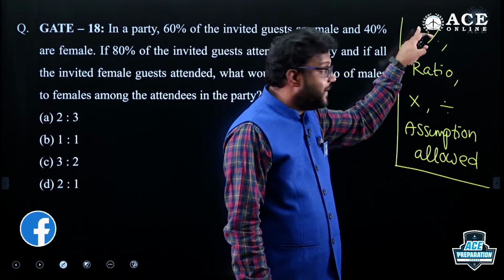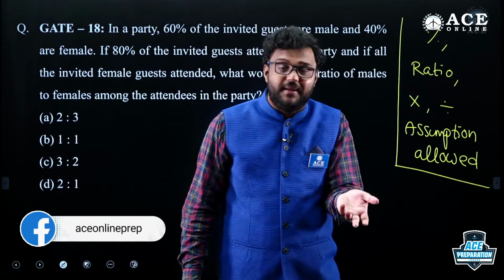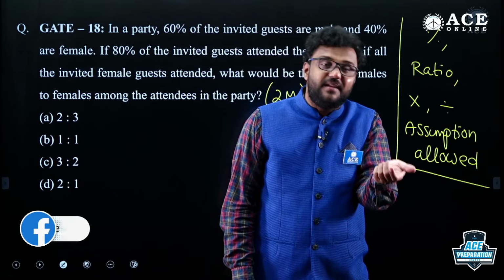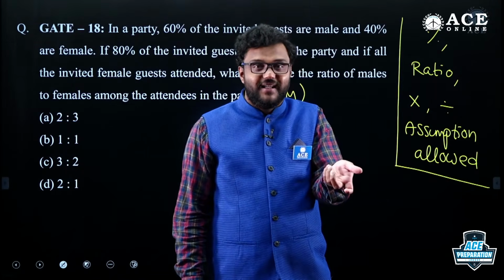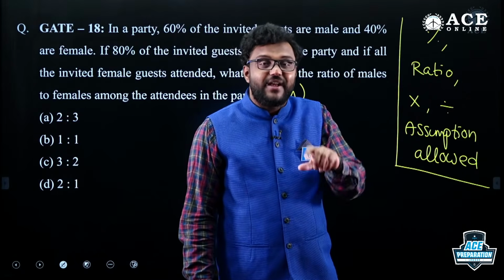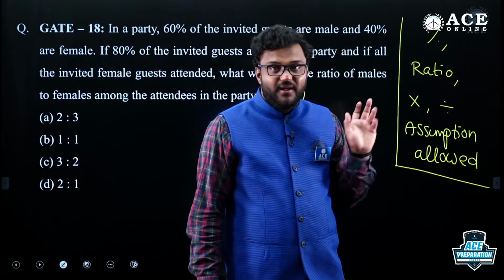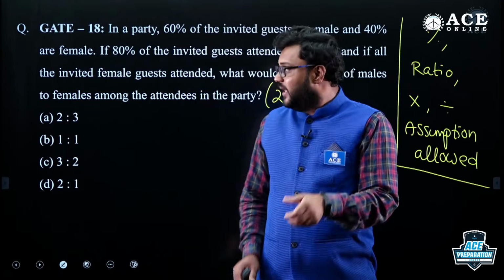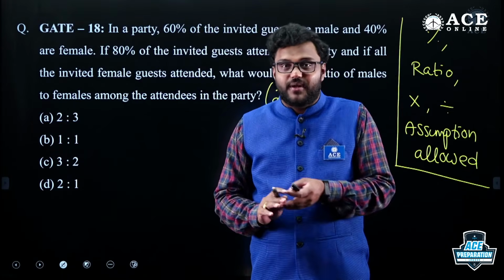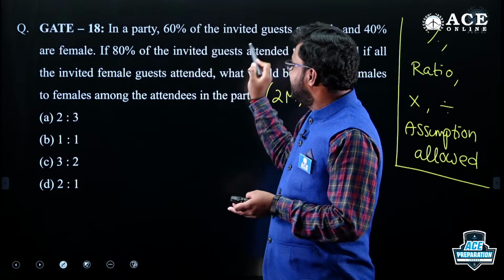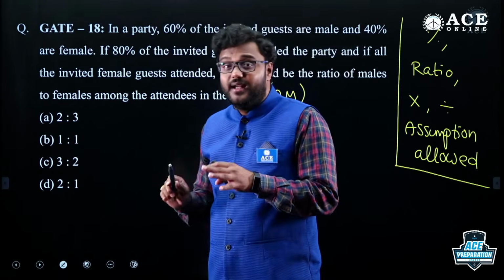So when it is all about percentage, ratio, multiplication, division, for example adding 15%, subtracting 20%, or multiplying by 5, dividing by 5, in those cases assumption is allowed. If you are adding a particular value, like 80 guests, then no, but 80% is okay. Here all are percentages, 60, 80, 40, and they are asking about a ratio.